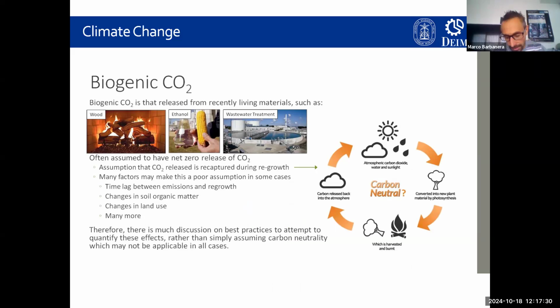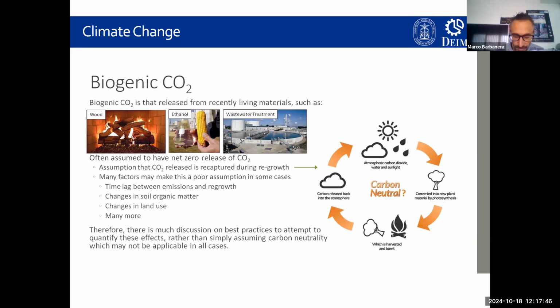Another important consideration about this impact category is how we have to treat the biogenic carbon dioxide emissions.